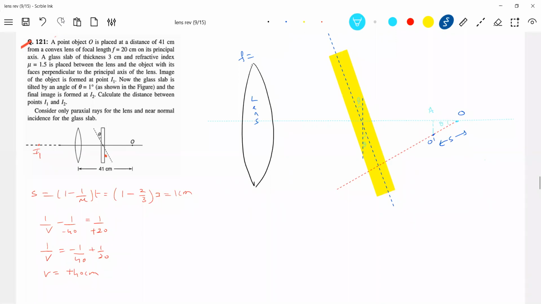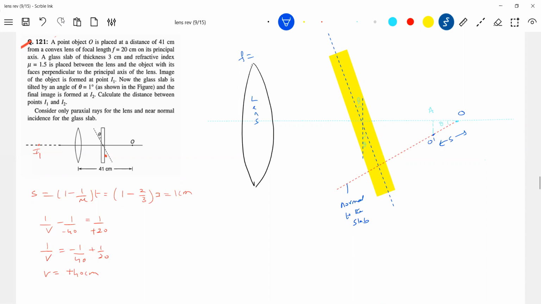Getting into mathematics now. This I'll call the normal to the slab. What can be OO dash?